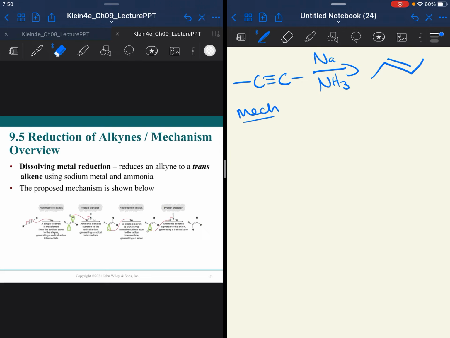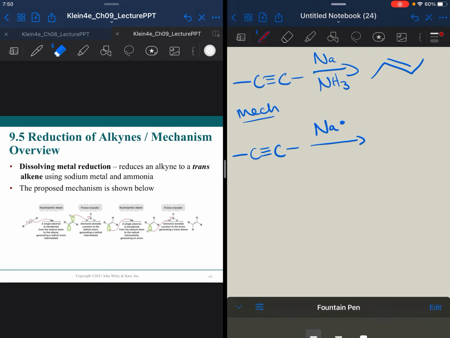The first step of this mechanism is actually a radical step. We're going to talk all about radical reactions in chapter 10. But this is the first time we're going to use a single barbed arrow.